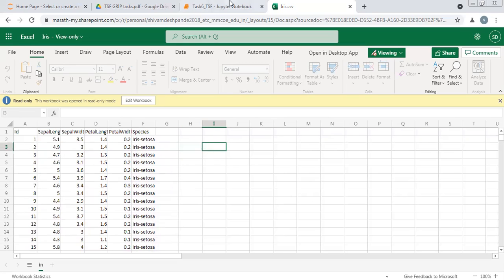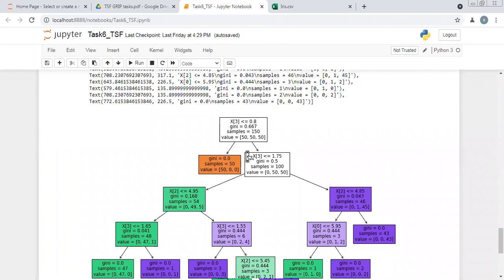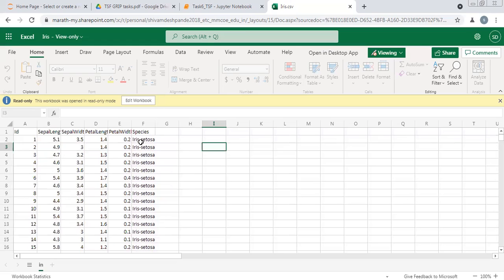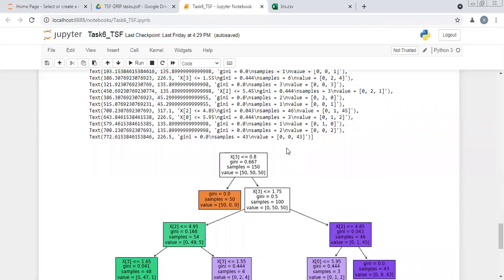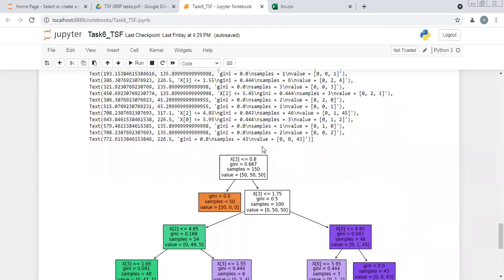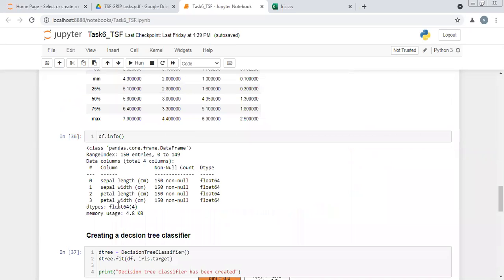At the root node, we have considered the variable petal width. You can consider any variable in the root node to break it down further, but first of all, here we have used petal width. This x of 3 is petal width, because if you see in the info, petal width has the number 3.